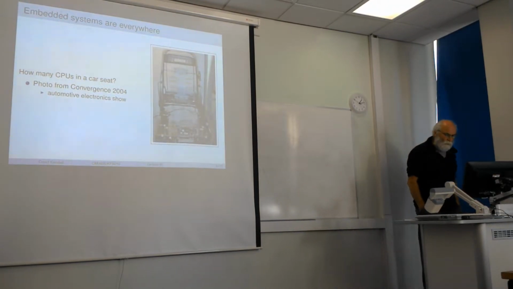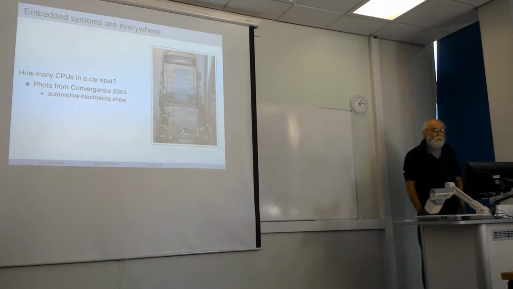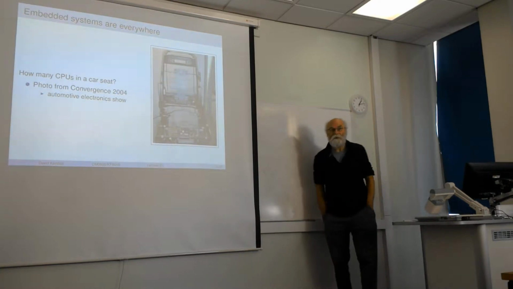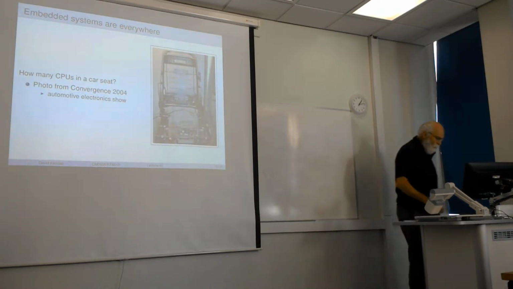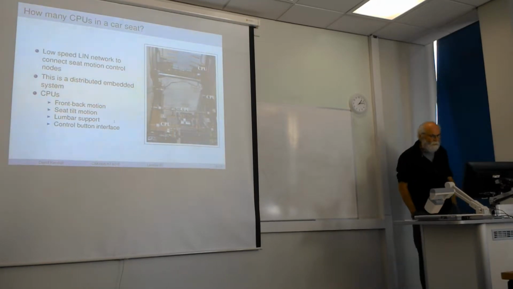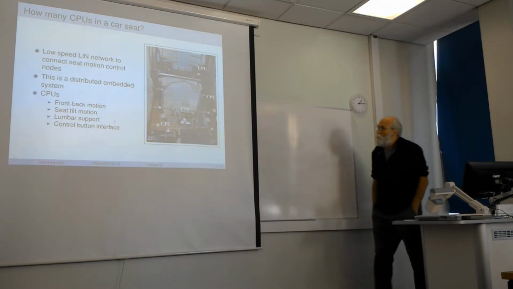But it still allows me to illustrate the main point. We've got a single car seat here. We might wonder how many CPUs there are just in this one car seat. When we have a look at that, we'll see in this particular seat there are 4 CPUs.